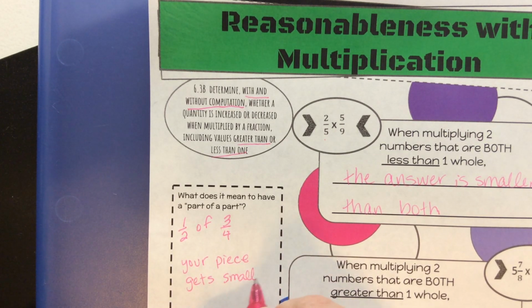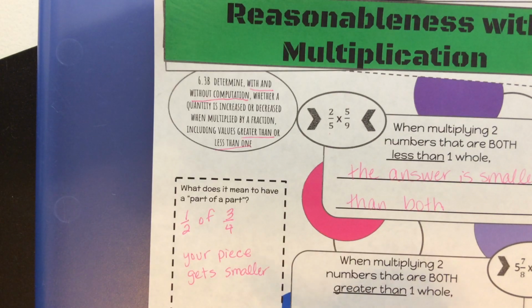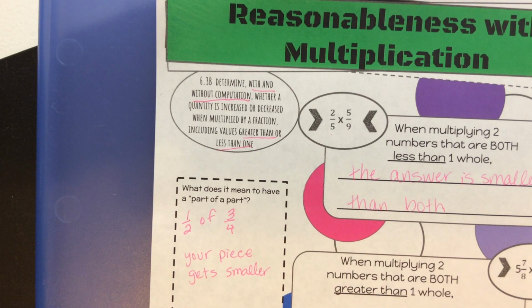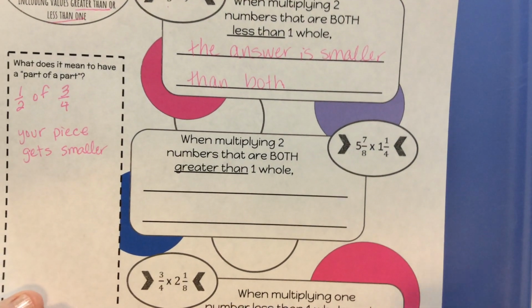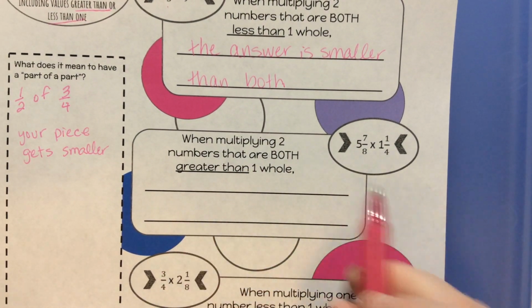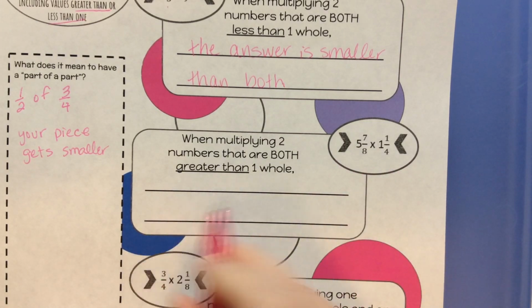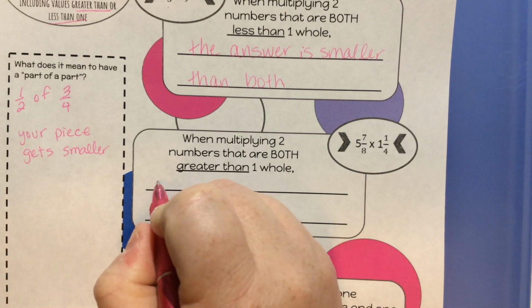And we'll practice using this in our class discussions. But make sure as you're going through any word problems that you're thinking about, where is my answer going to fall? Okay, it's going to help you determine if your answer is reasonable. Okay, so next, when you're multiplying two numbers that are both greater than one whole, like these two right here, your answer is larger than both of them.